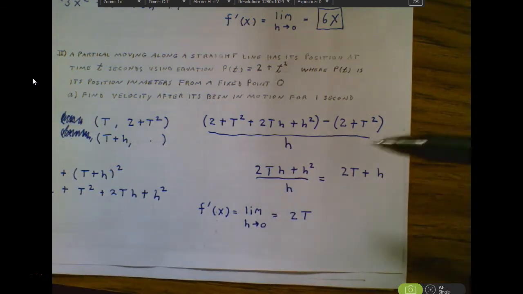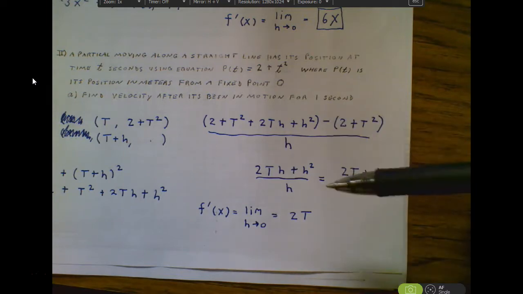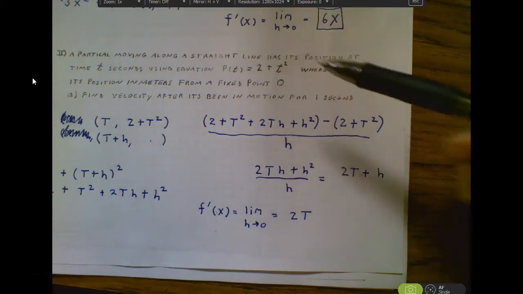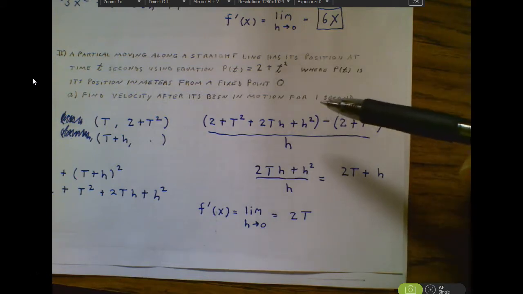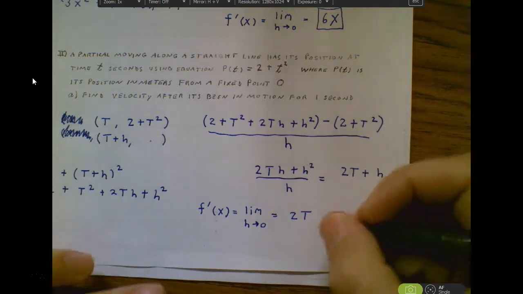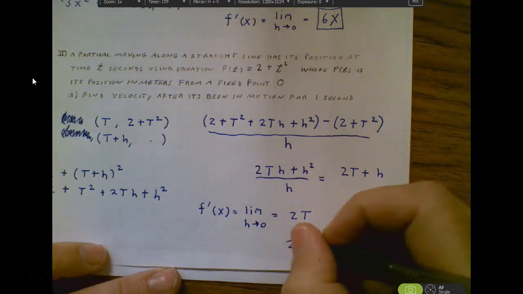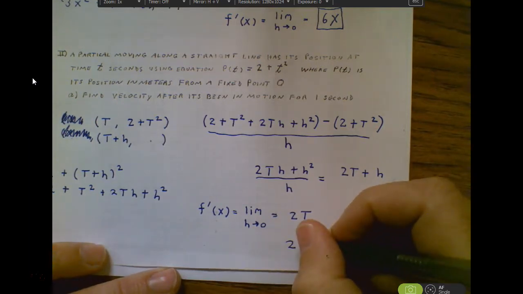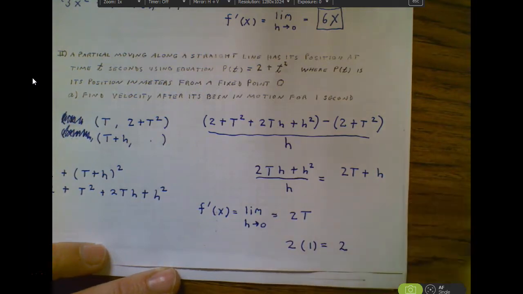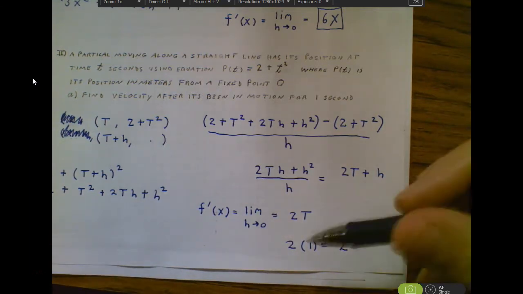What that allows me to do now is find an instant rate of change at any point on the curve that I want to plug in for t. If I want it where 1 second occurs, which is the same thing as saying t equals 1, I simply plug in a 1 for t, and my derivative, or gradient, or slope, or instant rate of change would simply be 2, where t equals 1.